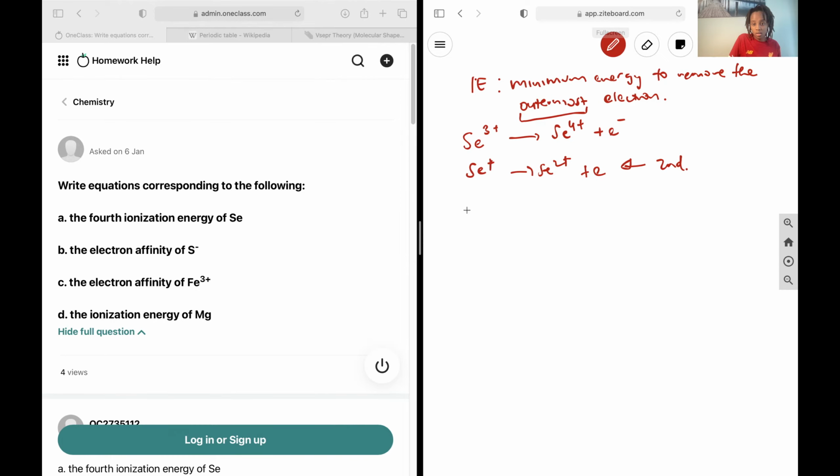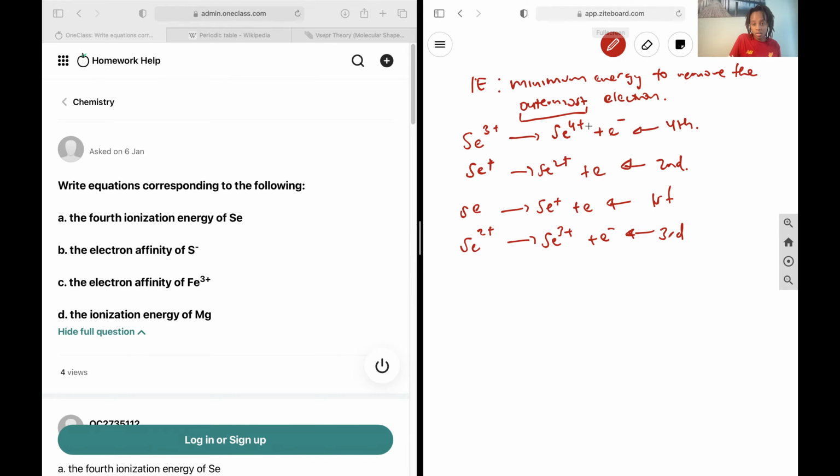Our first ionization energy would be going from the neutral state to the 1+ state. So this is our first, that's our second, and our third one would be going to this. So this is our third, and this is going to be our fourth.